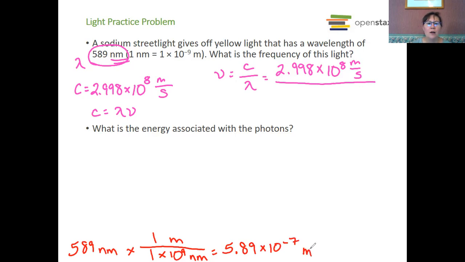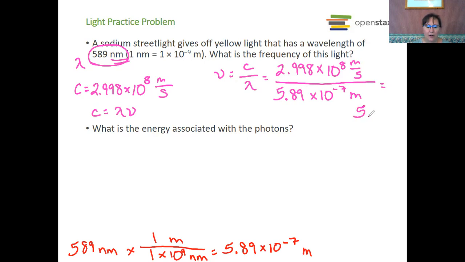Okay, so now I'm going to take that number and put that up here. 5.89 times 10 to the -7th meters. And now you can see that your meters will cancel and you'll just end up with inverse seconds. So 2.998 E8, or whatever you're using for your times 10 to the, divided by 5.89 times 10 to the -7th.